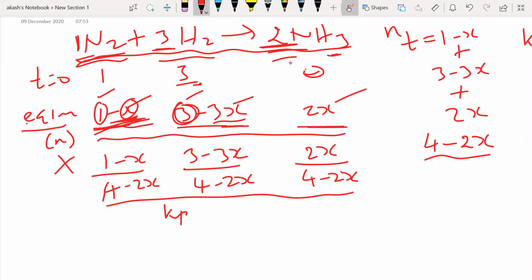So now tell me, what is the equation connecting mole fraction, partial pressure, and total pressure? Let me write it as PA, P total, and the mole fraction. PA is the partial pressure of A, XA is the mole fraction of A, PT is the total pressure. What is the equation connecting all these three?